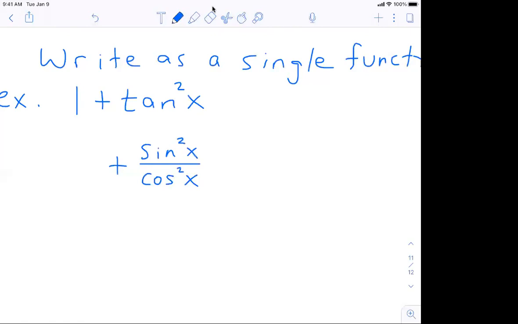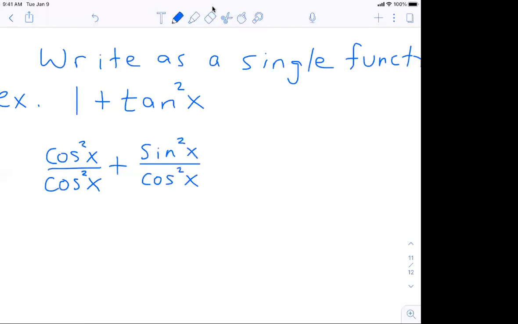Now I want to do 1 plus that. Well, if I'm going to add fractions, I need a common denominator. So I actually can write 1 as cosine squared over cosine squared. So I rewrote 1 as something that was advantageous to me because I want to combine them.